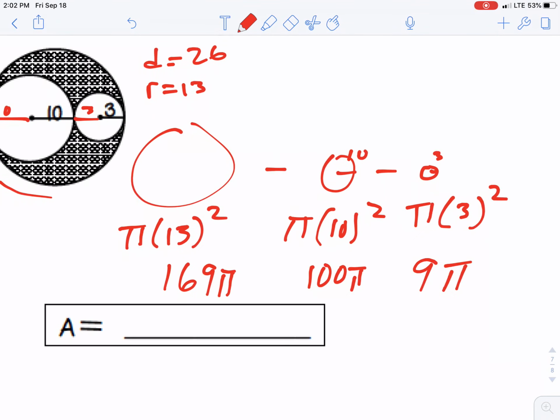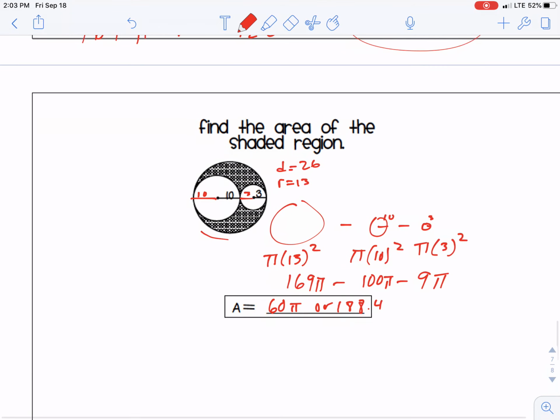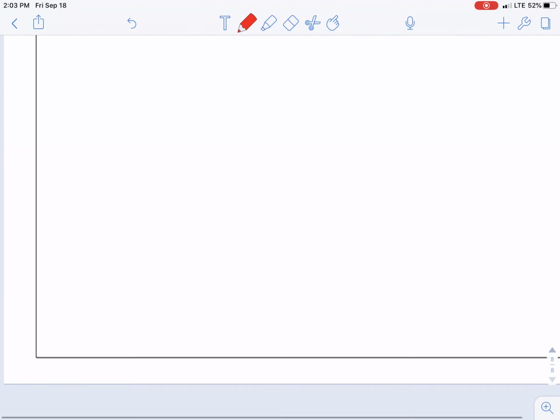So we're going to subtract 169 pi minus 100 pi minus 9 pi, which is going to give us 60 pi, or 60 times 3.14 is 188.4. I really don't care if you leave it in terms of pi or not. It's going to be up to you guys.